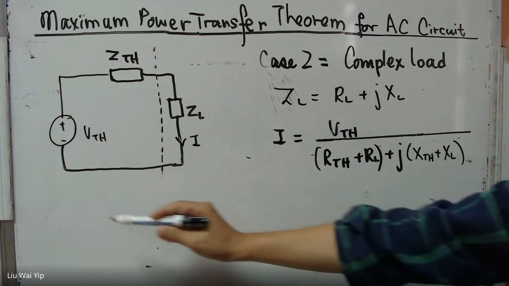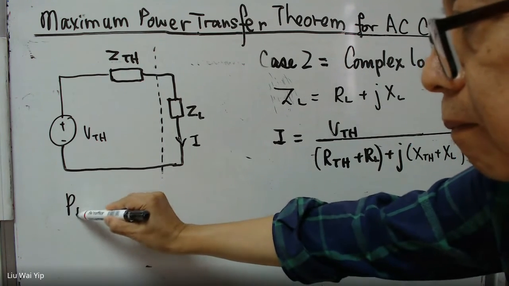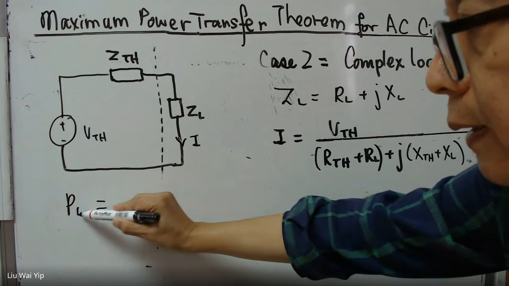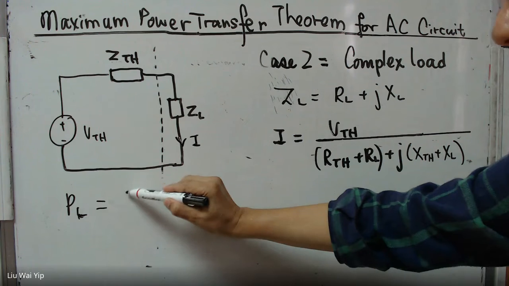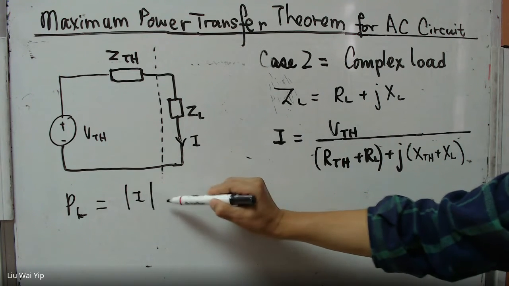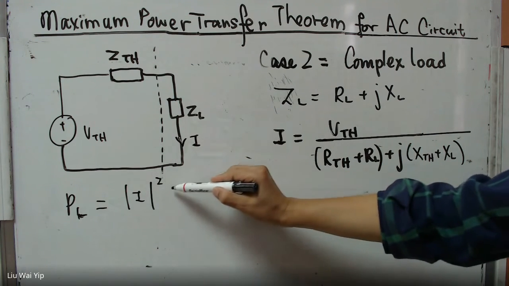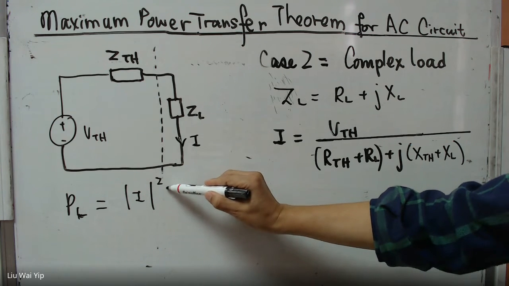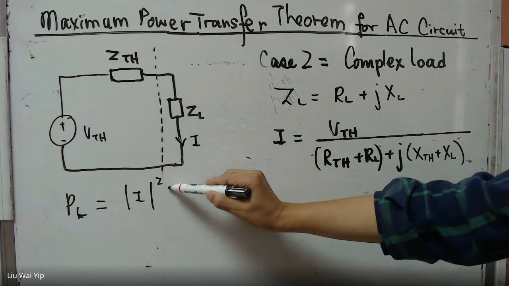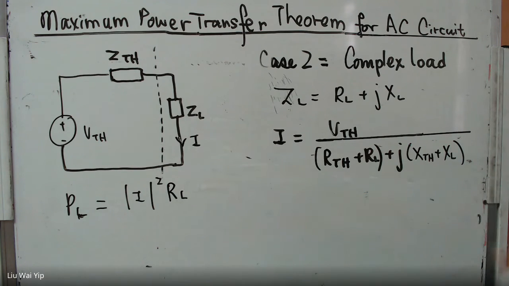The power at the load is equal to the magnitude of I square and then ZL. But only the resistive part will consume power.